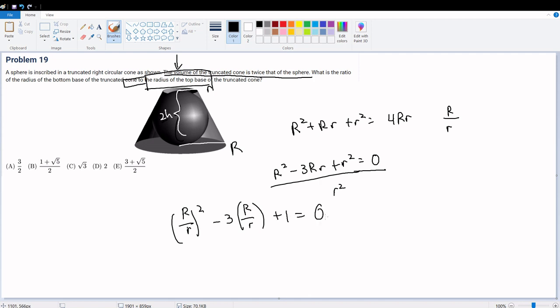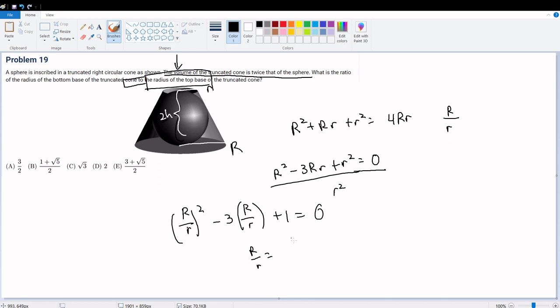And this is just a normal quadratic equation that you've probably been solving since maybe middle school, right? So from there it's pretty simple. If it makes you a bit more comfortable, we can substitute big R over little r with something like a, so it becomes the same thing as solving a squared minus 3a plus 1 equals 0. And from here we can just use the quadratic formula to find the ratio that we sought for so long.